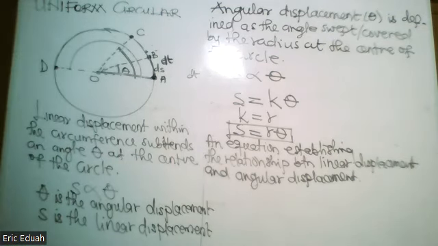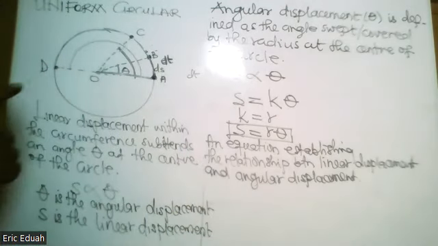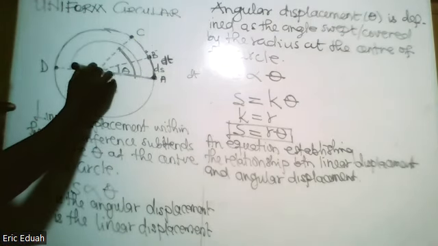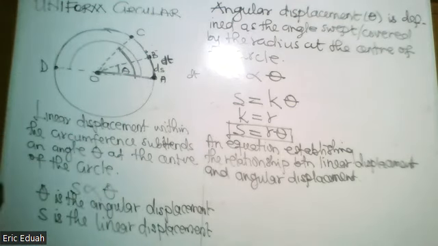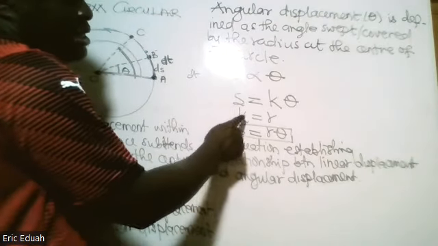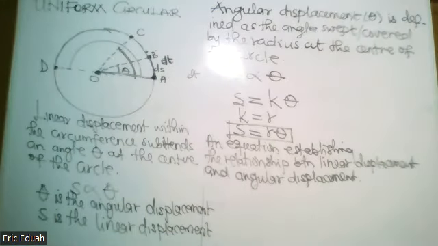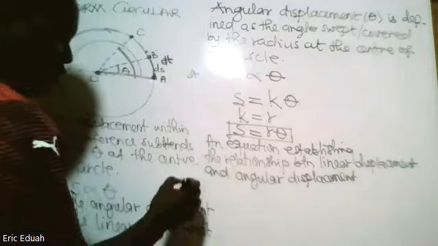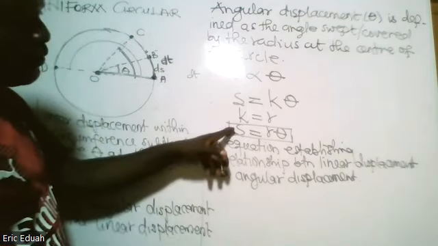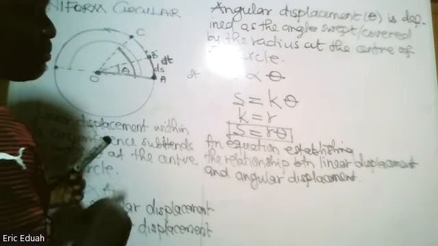So under circular motion and rotational motion, when you hear angular measurement, it occurs at the center, whereas linear measurement occurs within the circumference. And so there's a relationship between linear displacement and angular displacement. The SI unit of linear displacement and the radius is the meter.